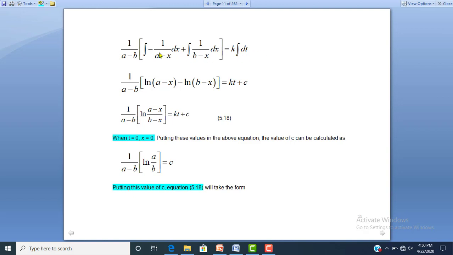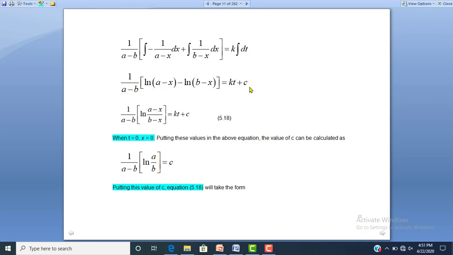This equation has been obtained just by applying the simple mathematical rule that if A is equal to B and B is equal to C, then A will be equal to C. So after simplification, when we remove the sign of integration by using the integration rule, this will be written as 1 over A minus B into natural log of A minus X minus natural log of B minus X is equal to kt plus c.